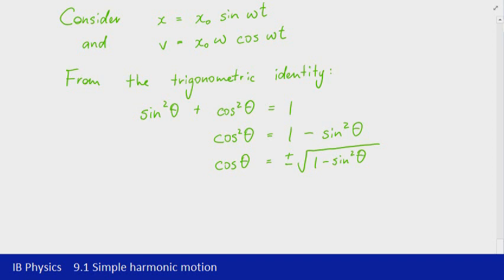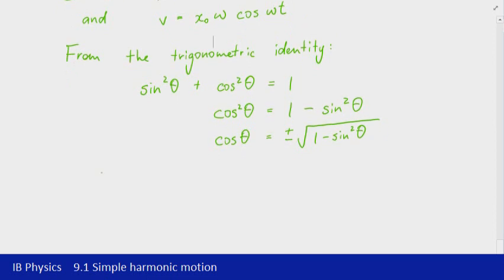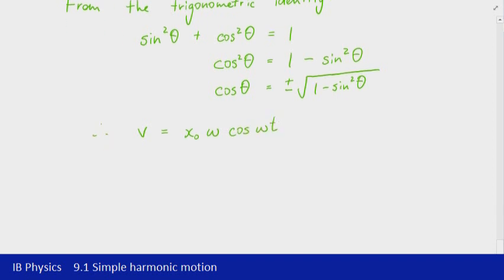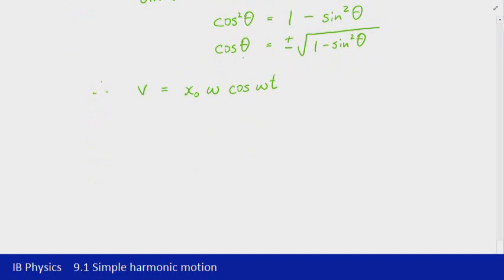So if we now take this identity for cos theta and use it in this equation up here for velocity, we'll see that the velocity v is going to be equal to, I'll just write that again so we've got it handy on screen, cos omega t. So in this line above where we've got theta, we're actually going to substitute in omega t instead.